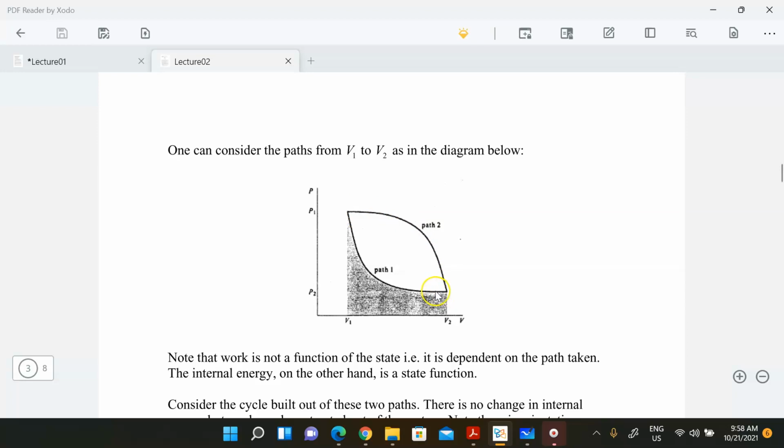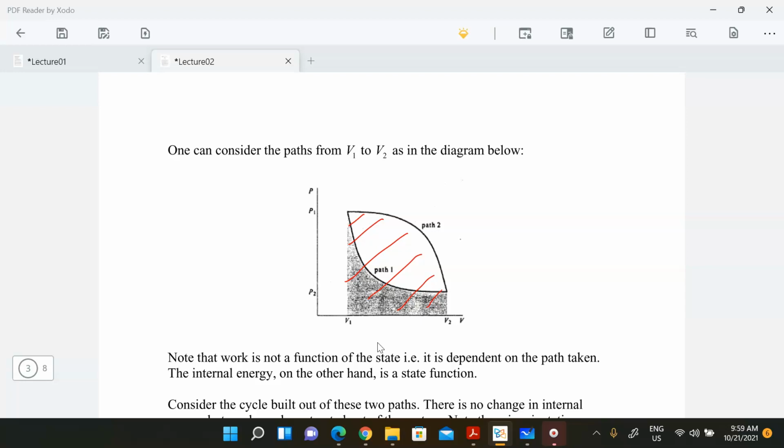Then I will have two different work done. This path will give you this work done, and the second path will give you the other work done. The area under the curve, essentially.